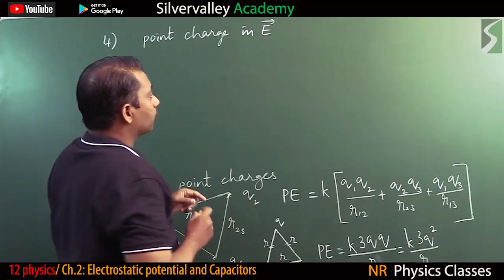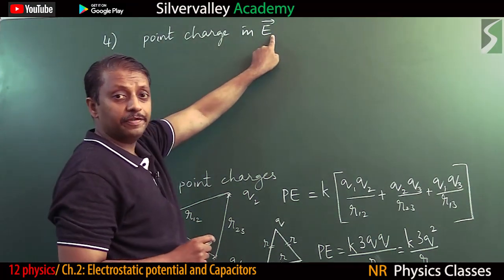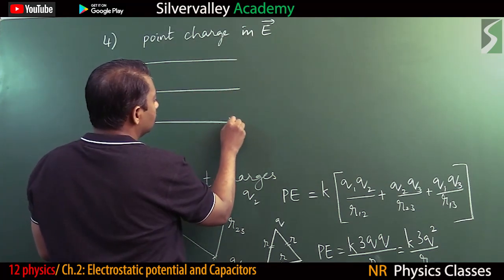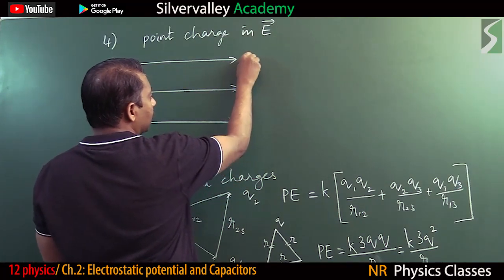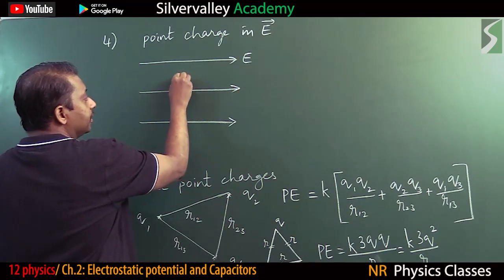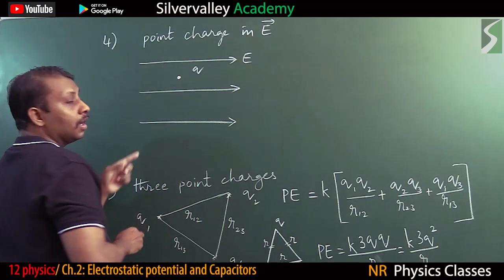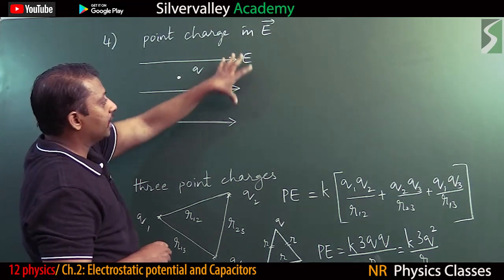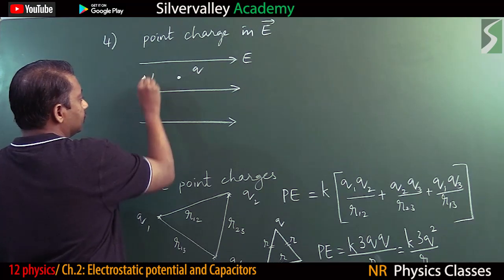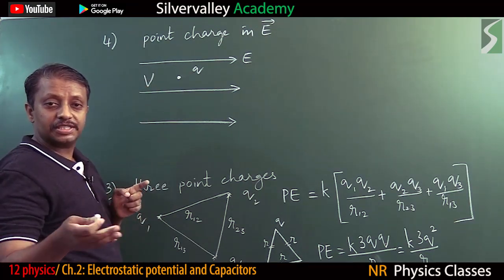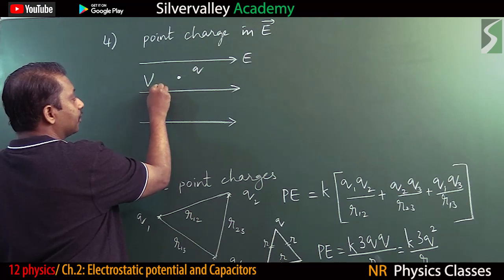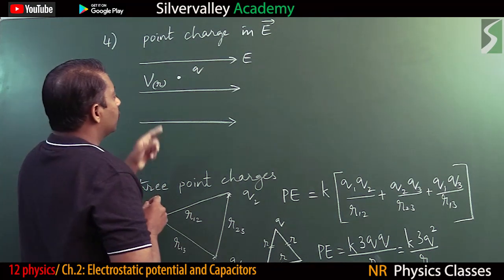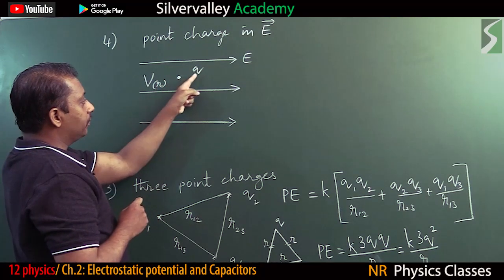Point charge in an electric field. This is the external electric field E, and here is point charge Q. The potential at this point due to this external electric field is V, and this V changes with distance, so V is a function of distance, V of R. So what is the electric potential energy of this point charge?